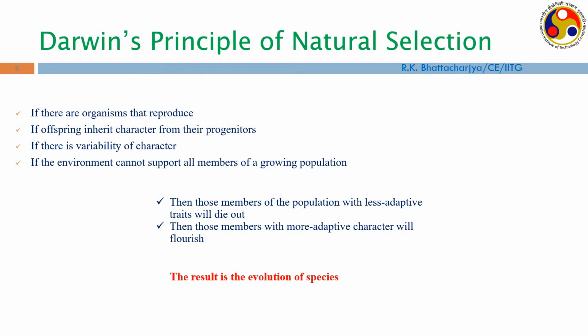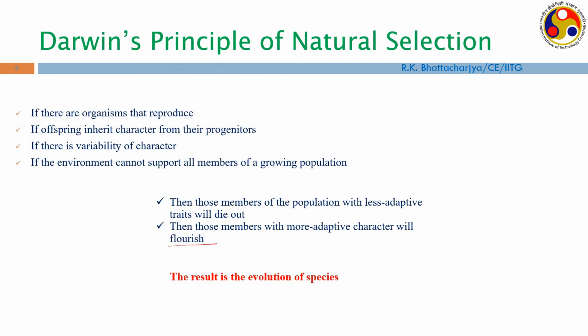Then those members with less adaptive traits will die out, since they are not fit to survive in that environment, and those members with more adaptive characters will flourish. They can live with less oxygen, so they will flourish. And this results in the evolution of species.